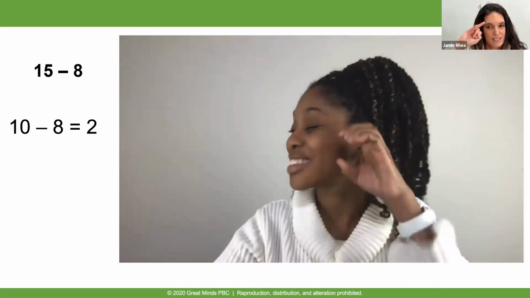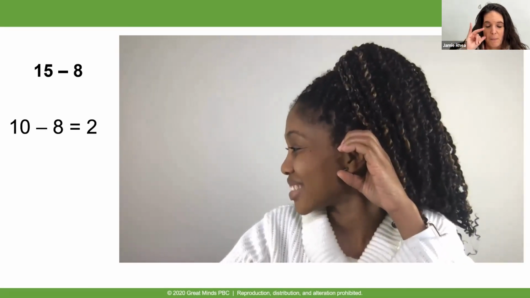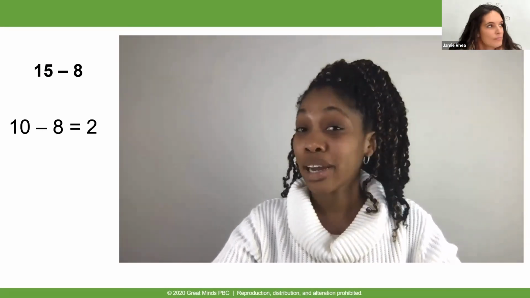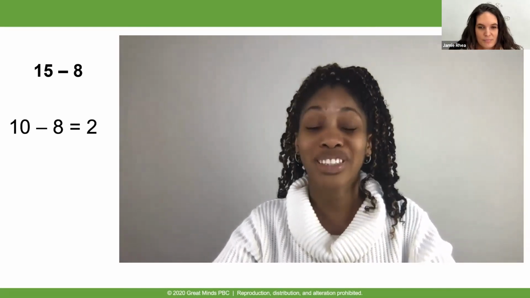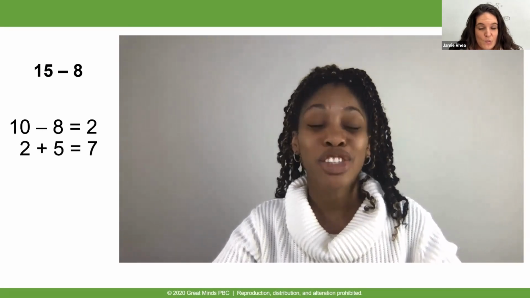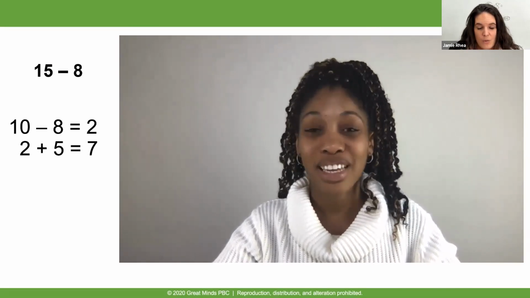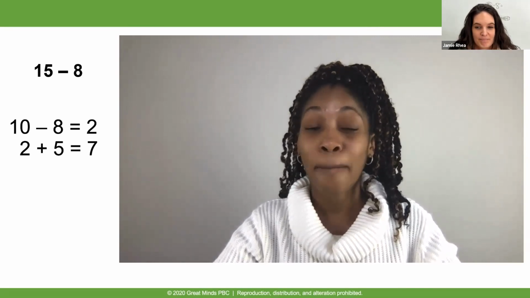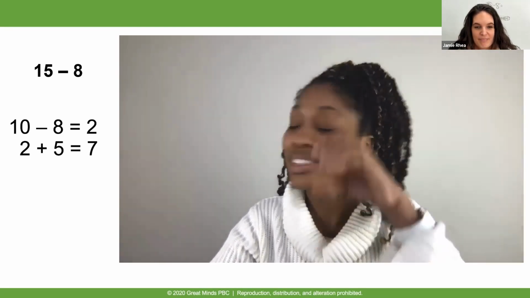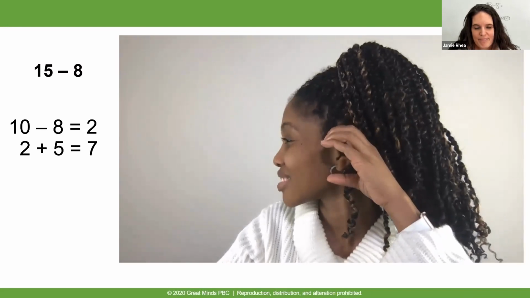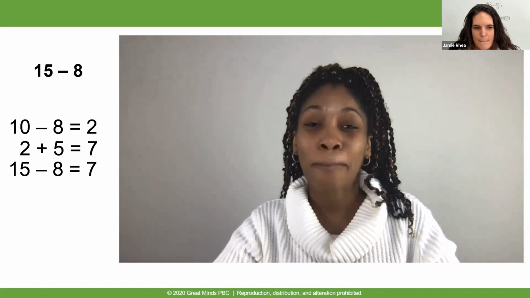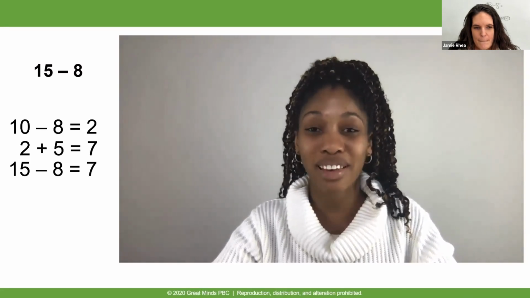So 5, 6, 7. Yes, 7. Let's make a number sentence to show what we just did. 2 plus 5 equals 7, which means 15 minus 8 equals? 7. You got it. 15 minus 8 equals 7.